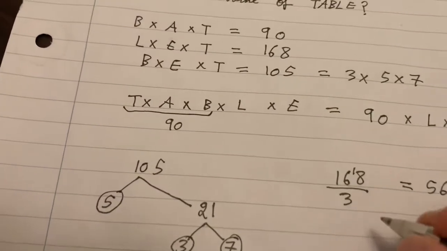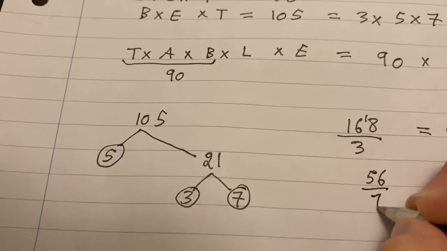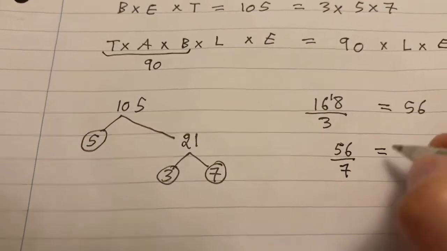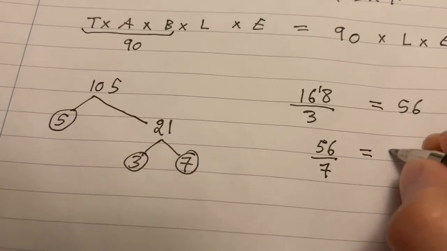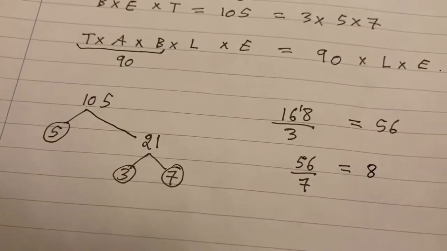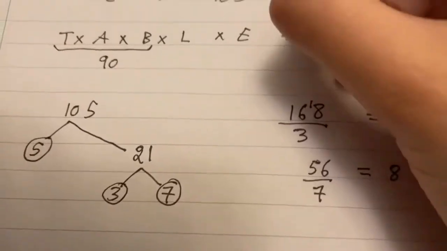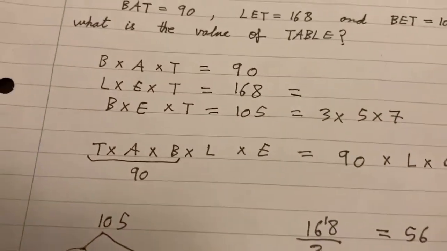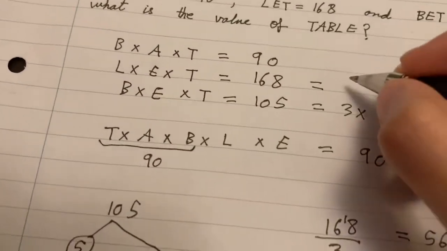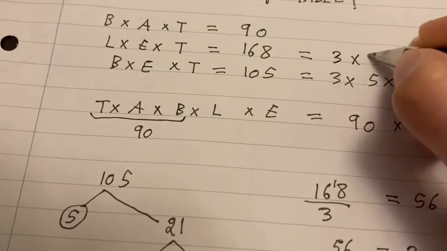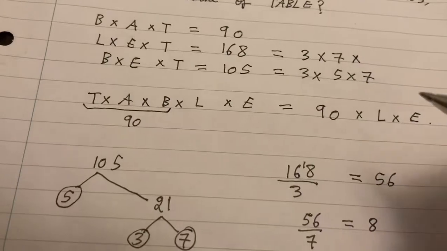So now we can try 56 divided by 7, which is 8. So now we know that 168 is factorized as 3 times 7 times 8.